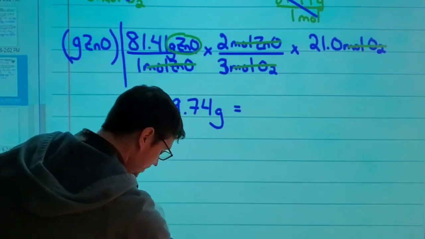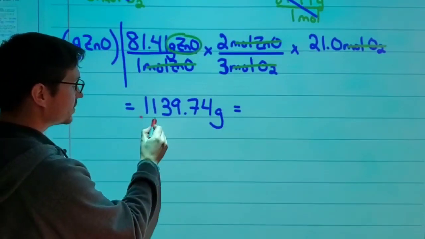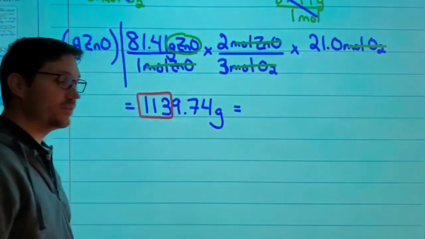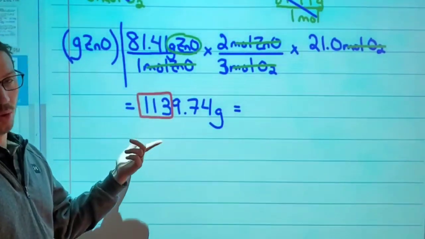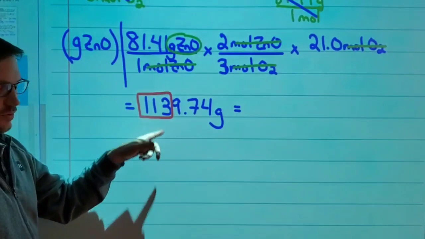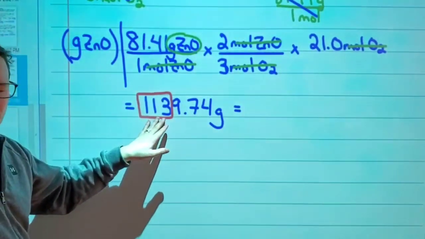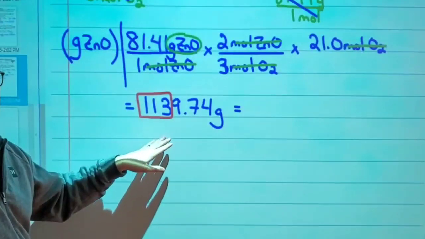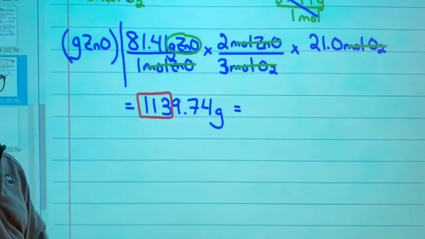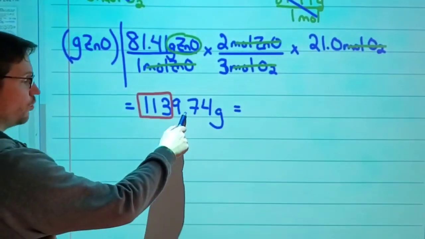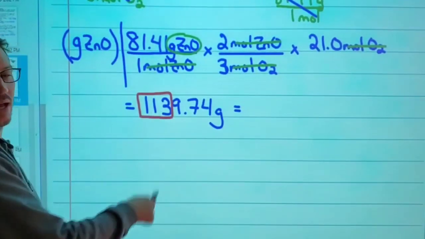So here is my first 3 digits. So it's either going to be 113, or because the 3 gets to round up to a 4, 114. But I have to use scientific notation. I'm forced to use scientific notation. So I'm going to move the decimal 1, 2, 3 times.